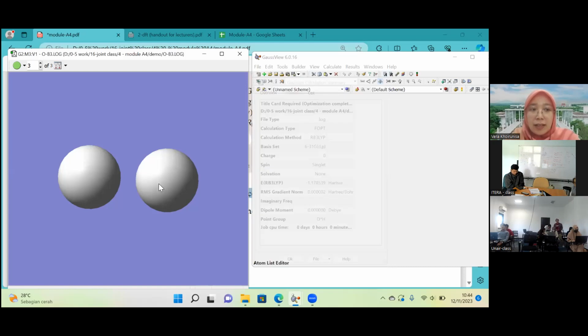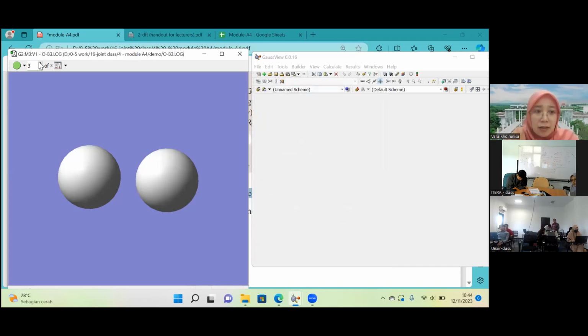Okay, and now you have 3 steps. So which one is R0? The R0 is the latest step. So 3 of 3 is the latest step.